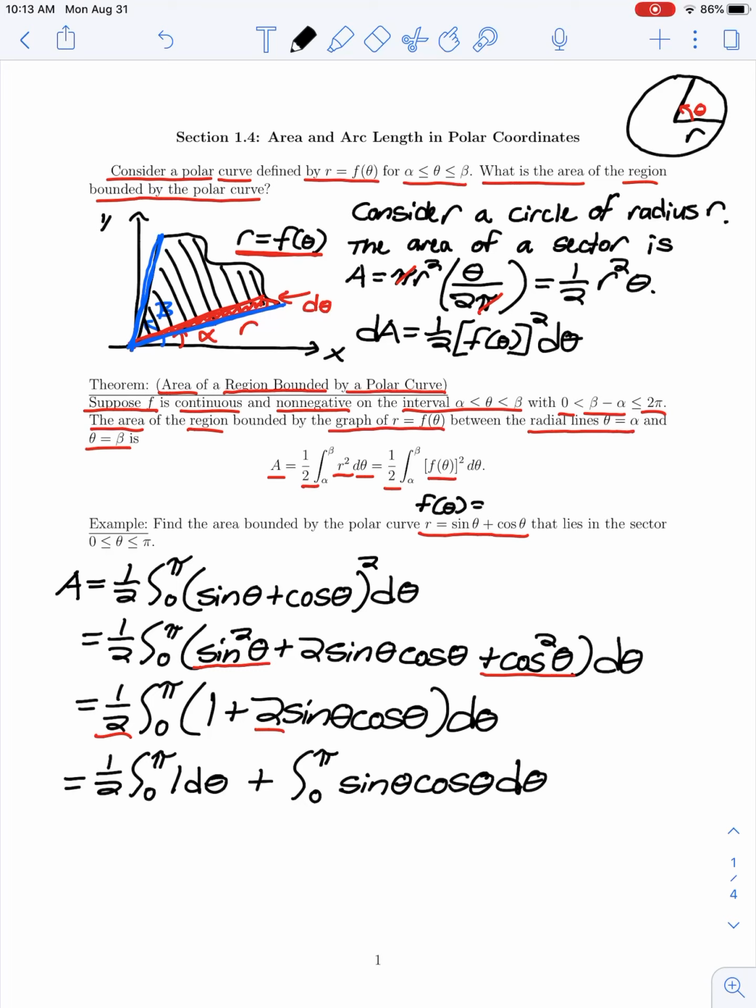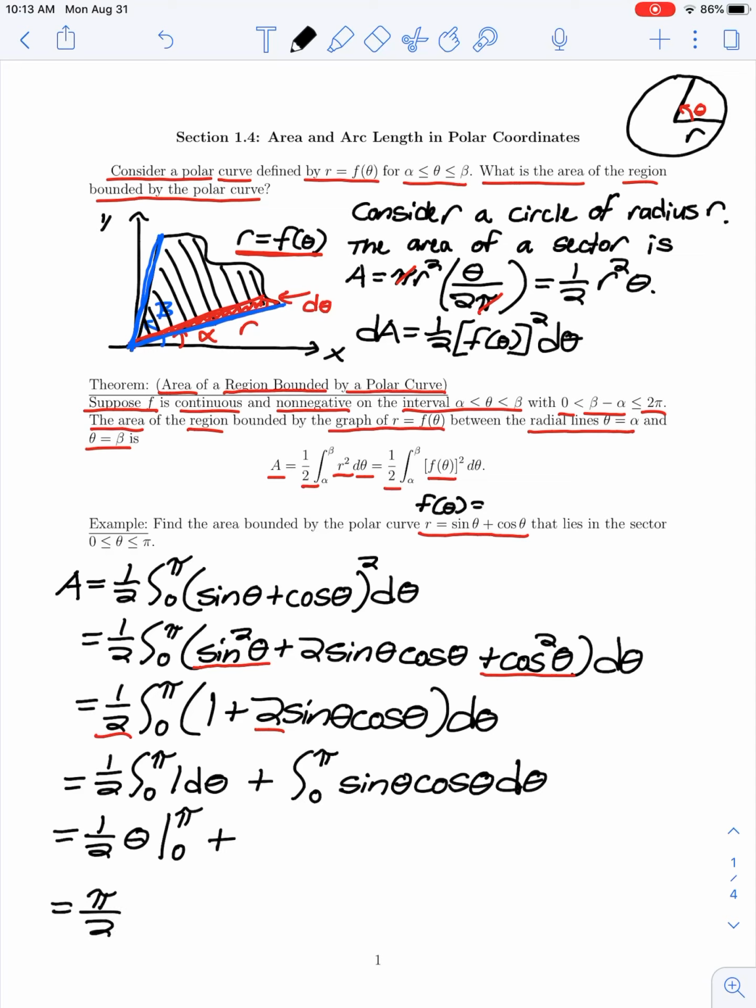Here our first integral is pretty easy to evaluate. We would have 1/2 of theta evaluated from 0 to pi, which gives us pi over 2.